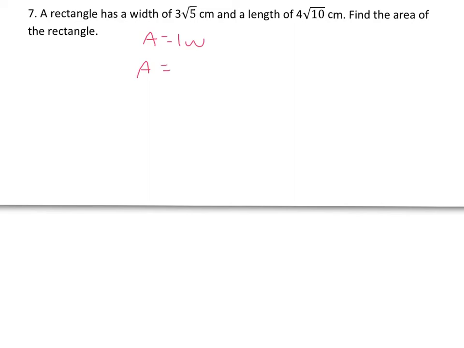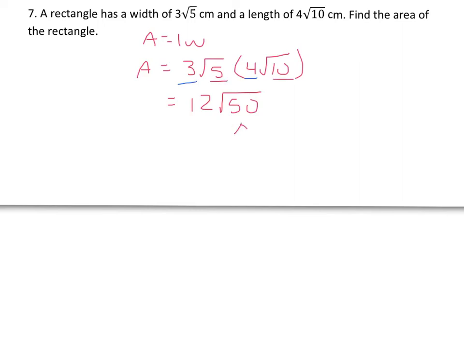So area equals 3 root 5 times 4 root 10. Okay. All right, so 3 times 4 is 12. And then 5 times 10 is 50. Again, multiply the outsides together and multiply the insides together.